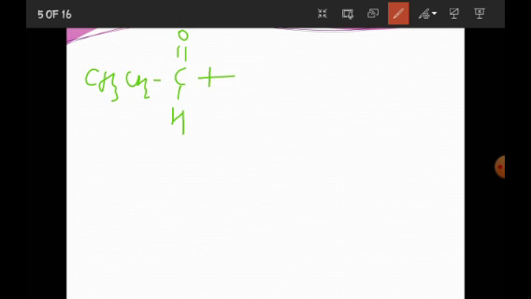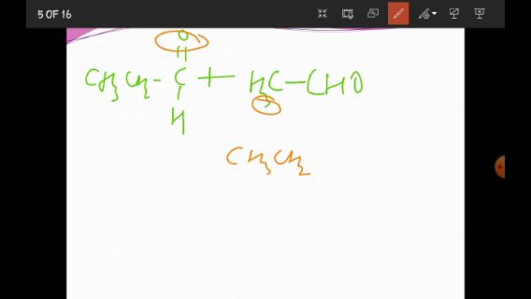Now here I am writing ethanal in such a way that the alpha hydrogen must face here. Now what will you do? You will remove this oxygen and 2 hydrogens from here and directly write down the product. The product formed will be CH3, CH2, CH, double bond, CH, CHO. This is the product that you will get.